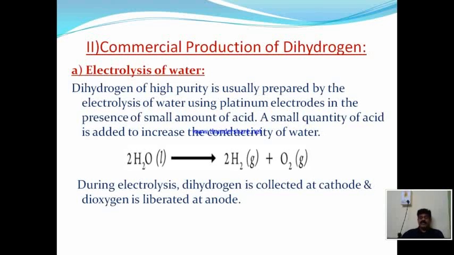Now, why do we add sulfuric acid? Children, in order to increase the conductivity of pure water, we need to add a small amount of dilute sulfuric acid. Now, during electrolysis, water undergoes electrolysis to release hydrogen at the cathode, whereas oxygen at the anode. So this is the best method for the commercial production of dihydrogen.